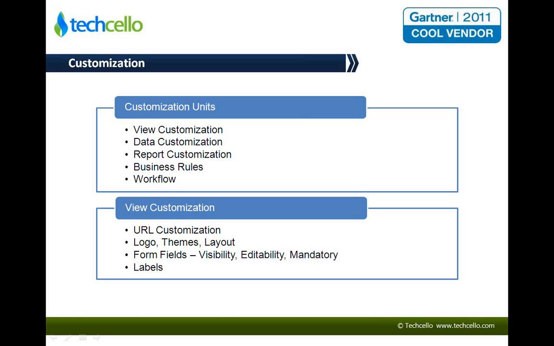Data customization allows the tenants to go and configure what they want to capture in the system. For example, you might have defined an employee to have 10 attributes. So it's quite natural that your tenants would come and ask for 5 more fields. So you should allow them the capability to add more fields to the data that you are capturing. And you should support the complete life cycle, right?